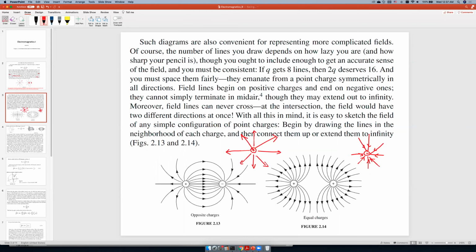Based on this feature, if you put a positive charge and a negative charge together, what do the field lines look like? We can see it in this figure. The field lines will go from the positive charge to the negative charge in this way.